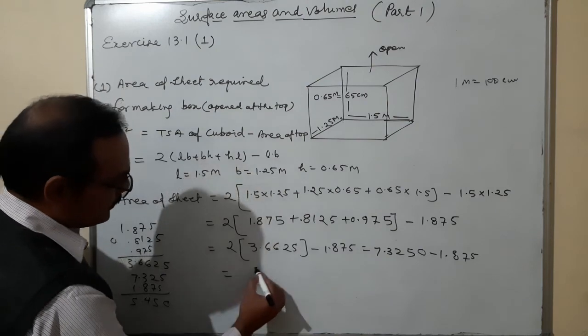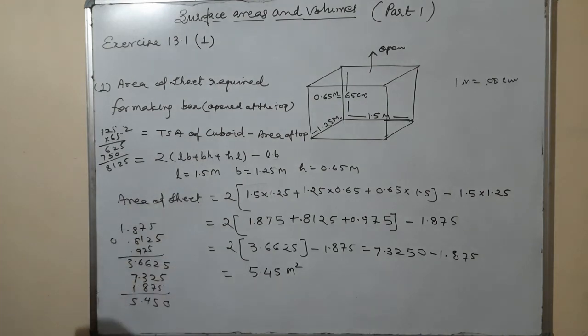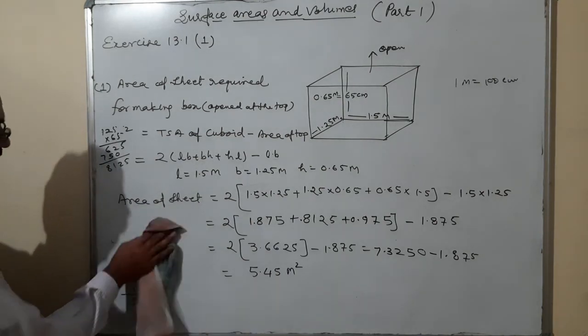So finally it is coming 5.45 meter square. Okay, that is the area of sheet required.